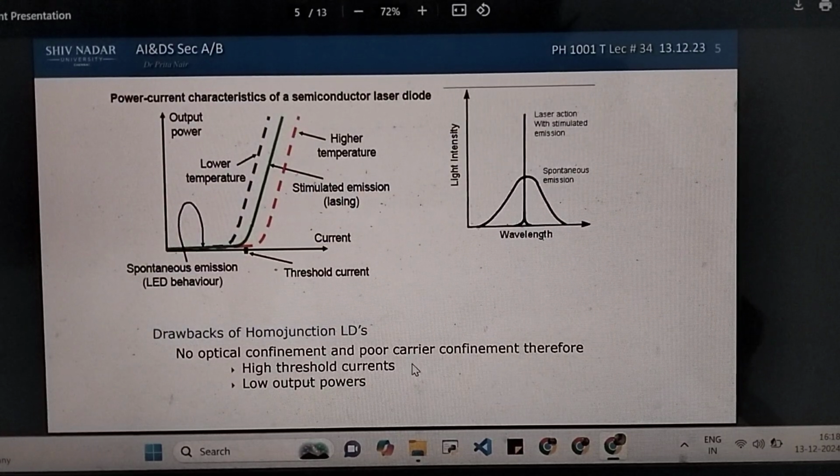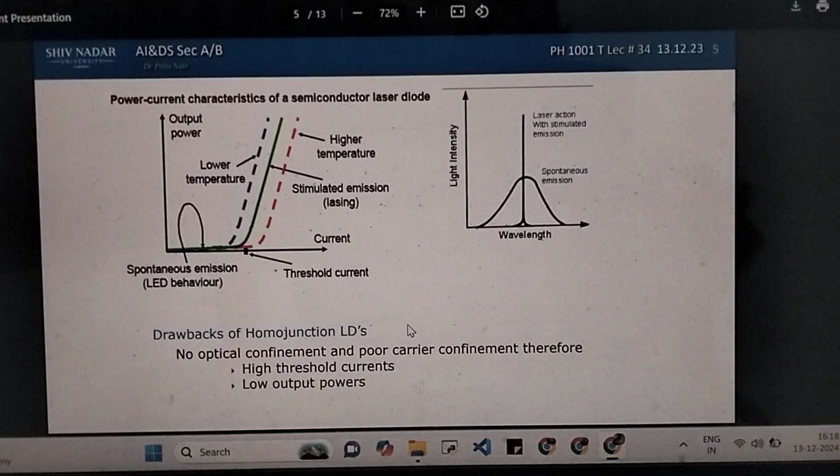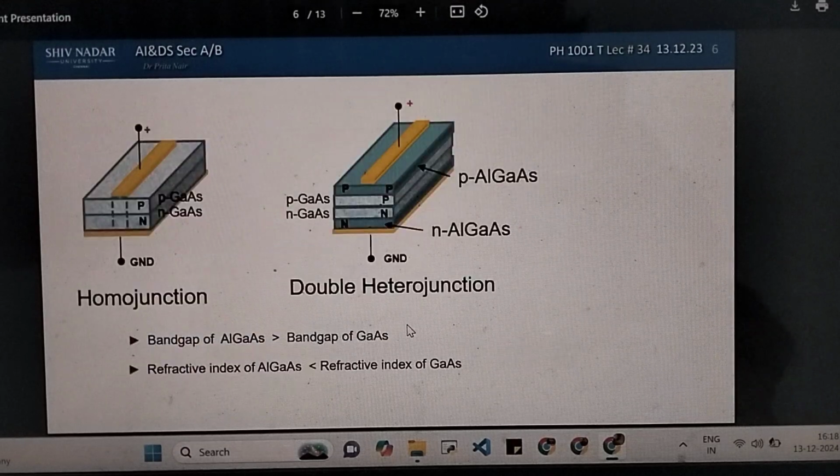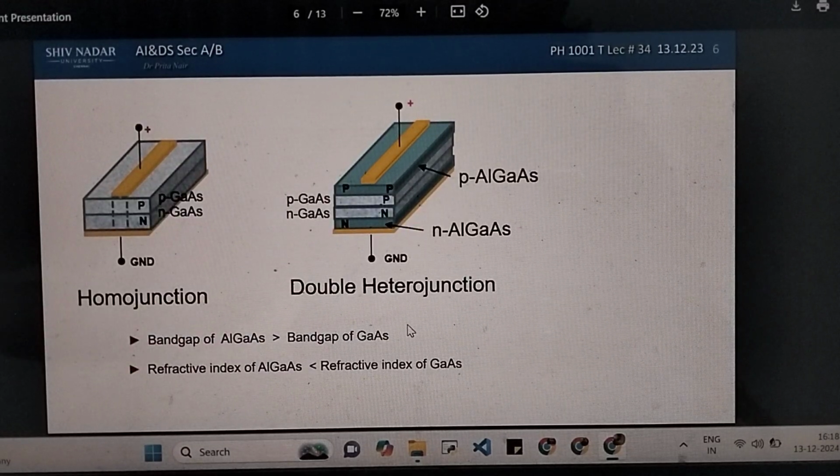Secondly, carrier confinement. Carrier confinement is about the P type and N type charge carriers, that is the holes and electrons. They are also not confined or held together very strongly in the junction region. The electrons, for example, can escape and get leaked out.